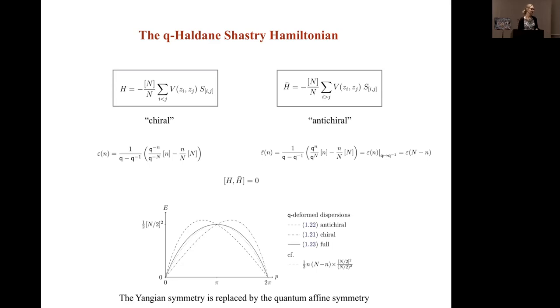So that's a model which certainly deserves to be looked at, because it must be a very interesting model. And of course, the Yangian symmetry is now just the quantum affine symmetry.